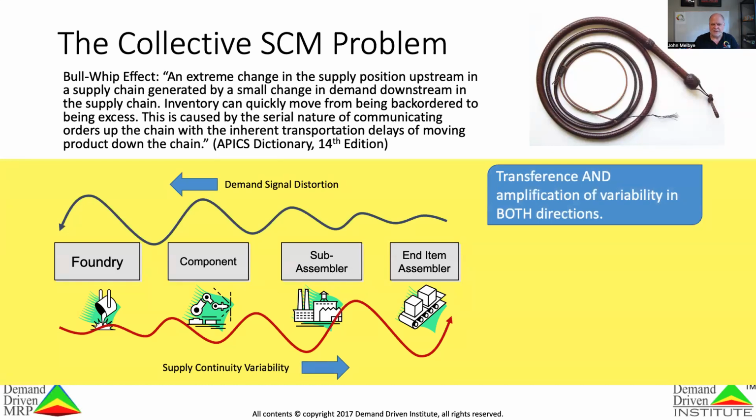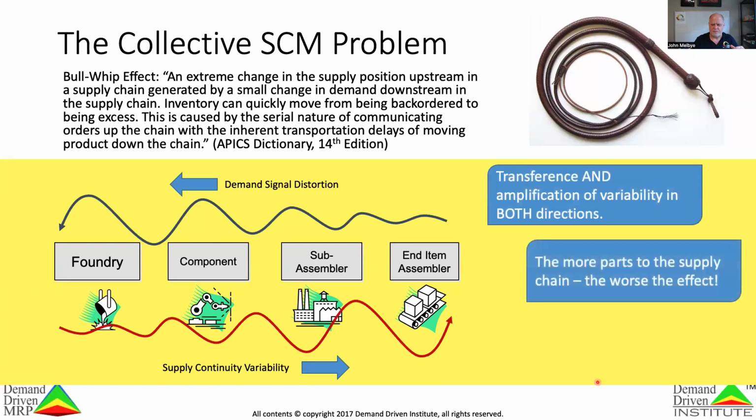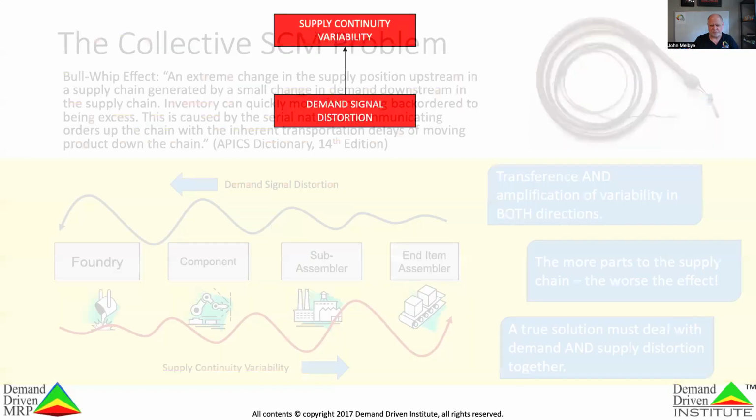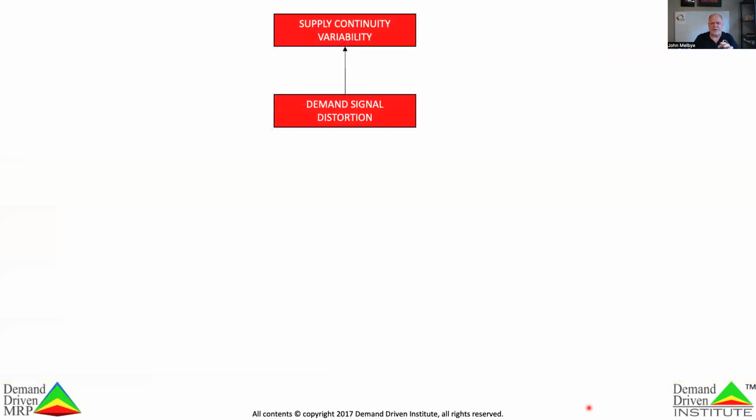As we move from one end to the other, that variability keeps growing, and it just keeps getting worse the further we move. The more parts we have, the worse the effect. The true solution to fixing this has to stop the distortion in both directions, both the demand and the supply distortion. So let's start this little puzzle.